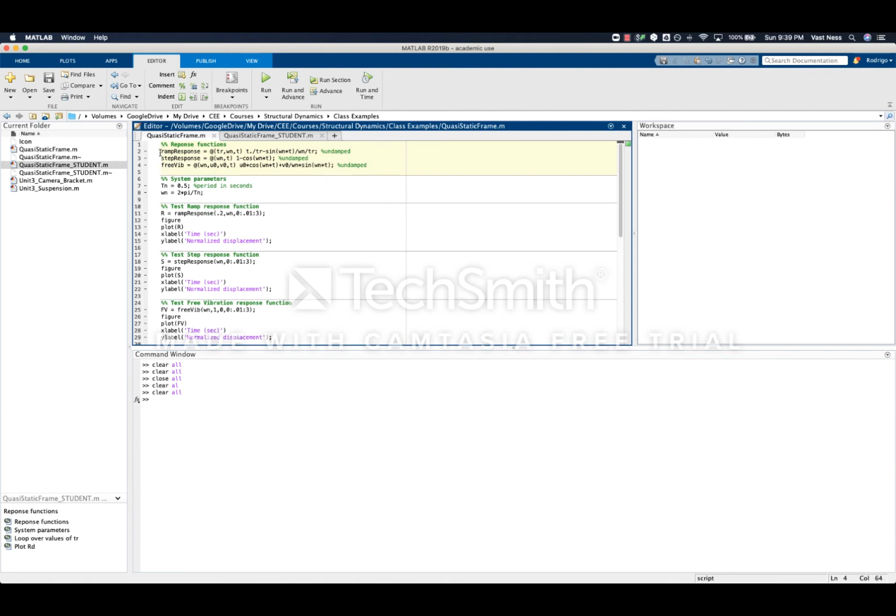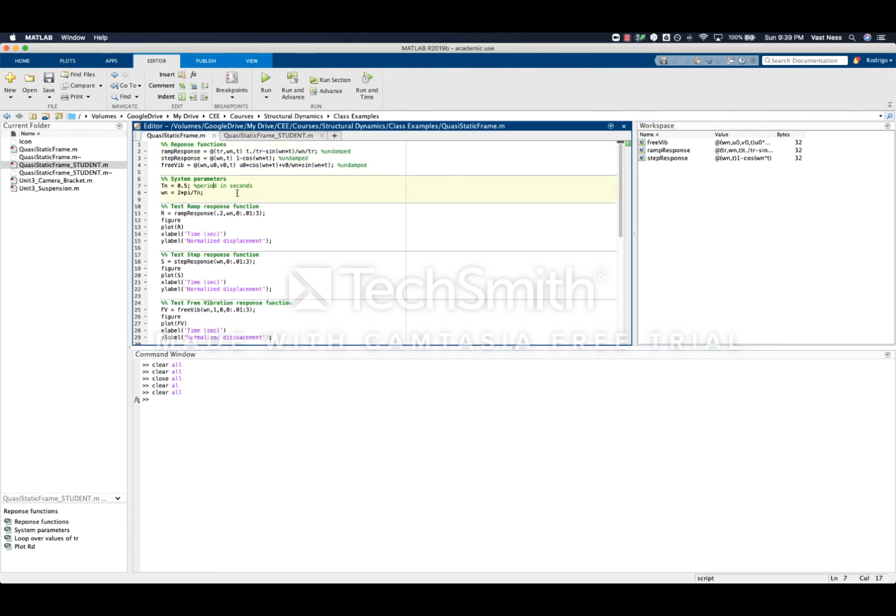So in this case, these functions are defined straight in the code using what we call anonymous functions. I'm going to run this.